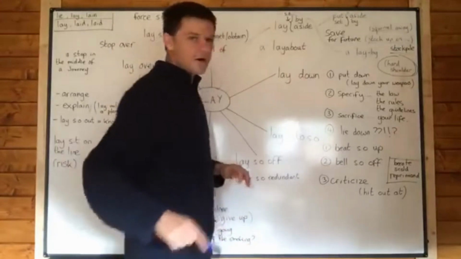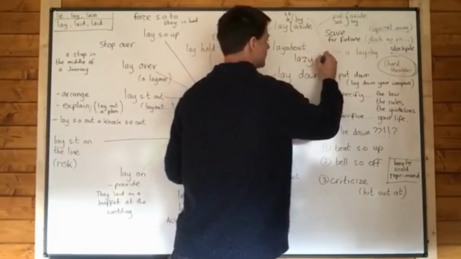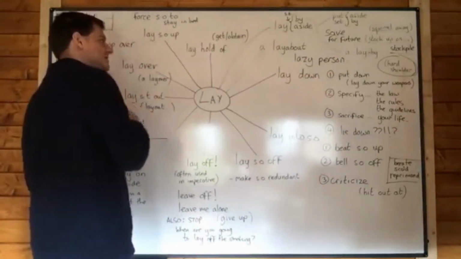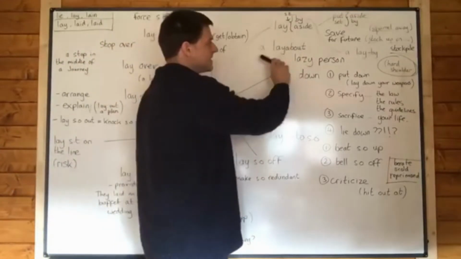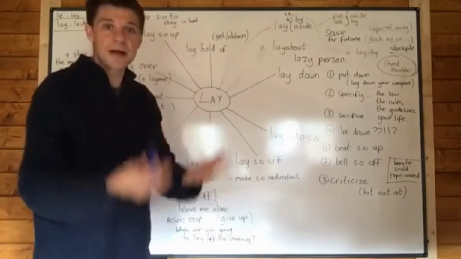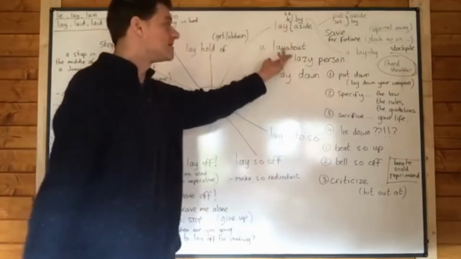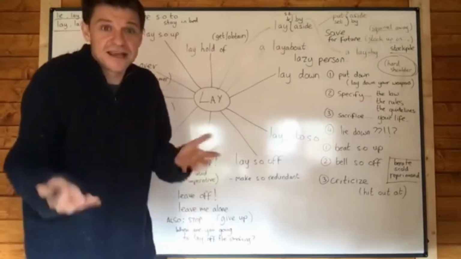A layabout is a person. It's a lazy person. A layabout. You might use this word to describe someone who is lazy, who's not hard-working. They're a layabout. And I think that this comes from lie about, the phrasal verb lie about. So you can see that the noun should be a lie-about and not a layabout, really, technically.